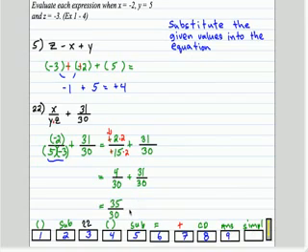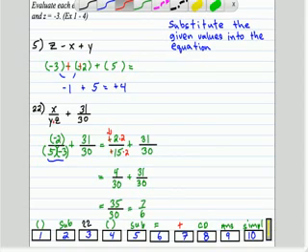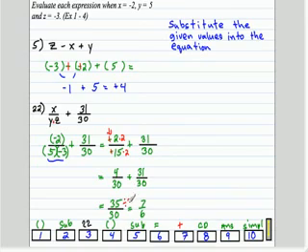But what do we always ask on our fraction answers? Can it be simplified? And yes, it can. In this case, we can divide both of those by 5. And we have what? 7 over 6. You can still write that as a mixed number also, 1 and 1/6.